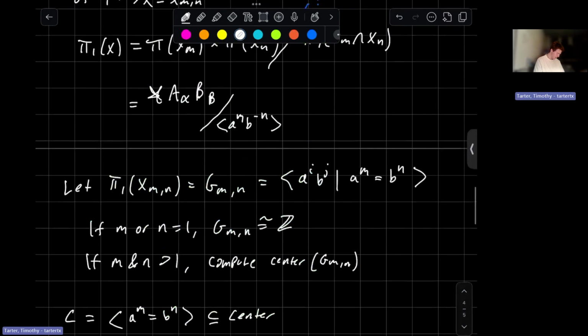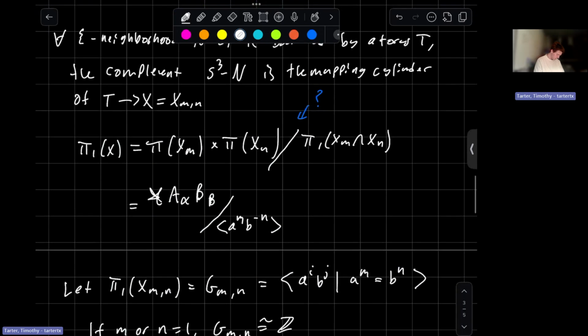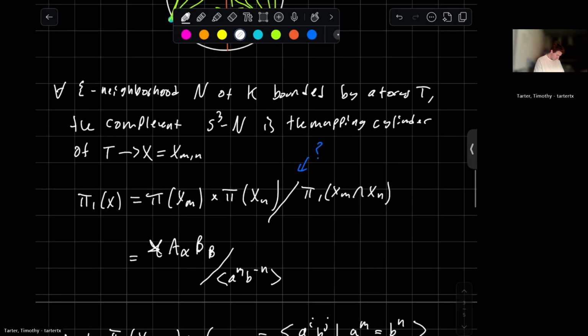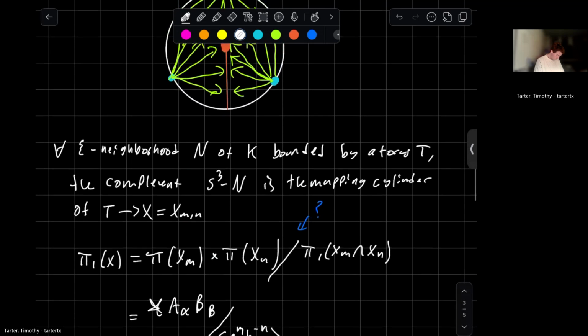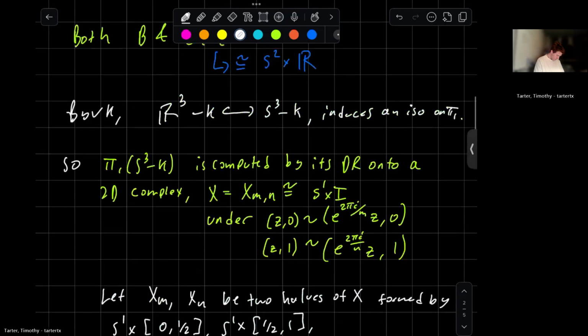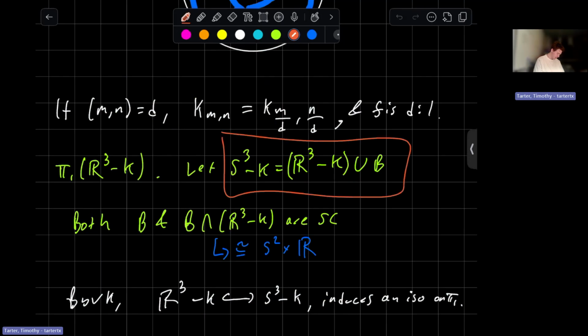Now that is its own mapping cylinder. We never used this thing ever again.